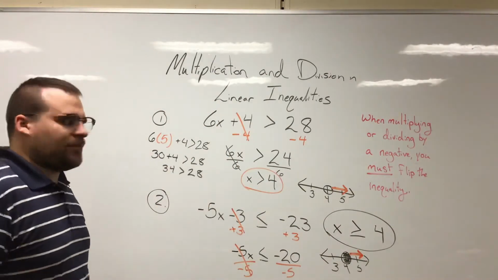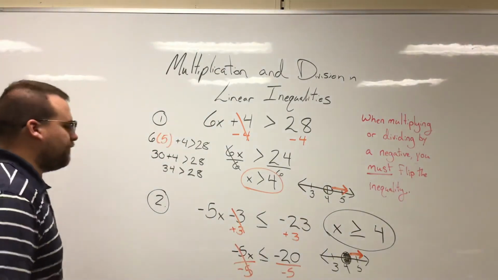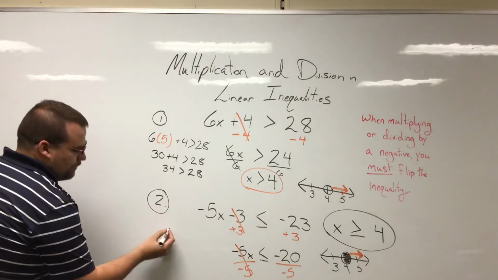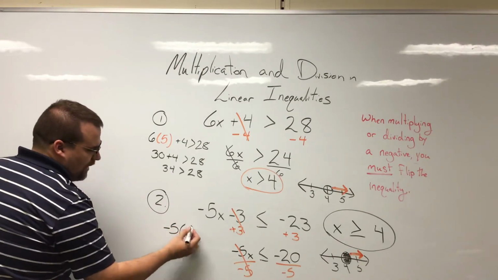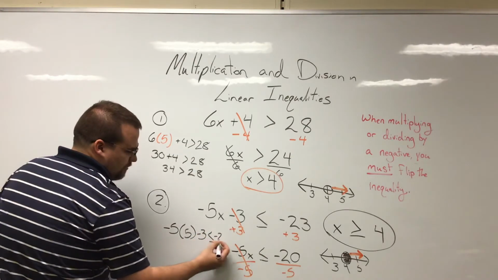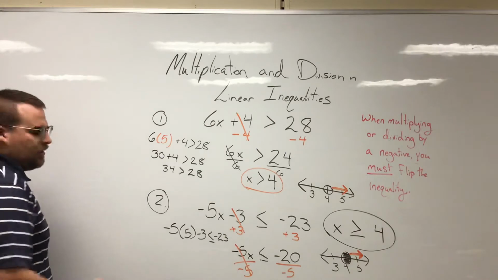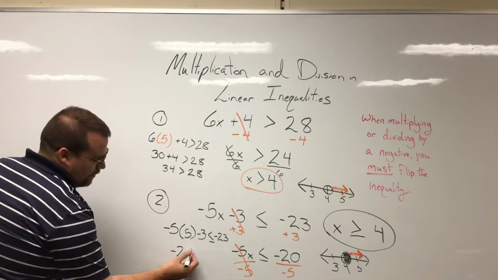Let's go ahead and plug in a number. I always like to just choose one larger, so let's choose 5. My original equation, negative 5 times x, or let's say negative 5 times 5 minus 3, less than or equal to negative 23. Negative 5 times 5, well, that is negative 25.